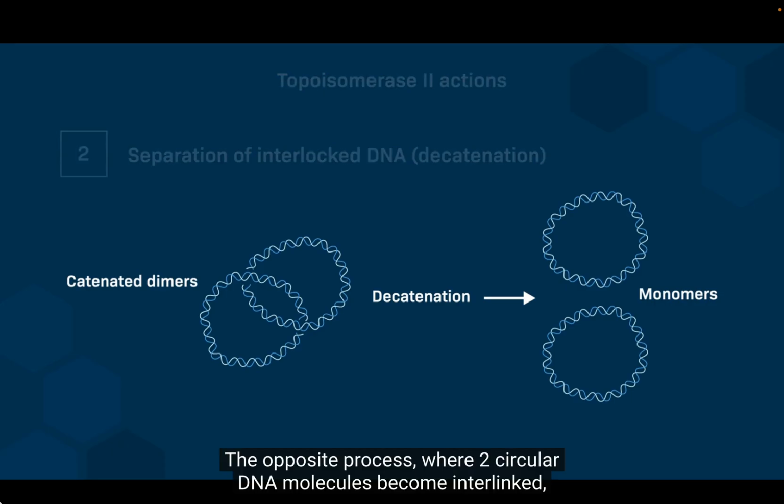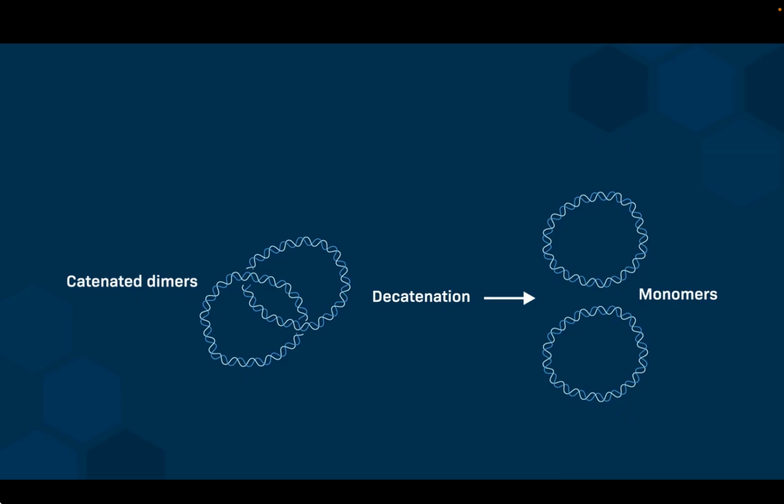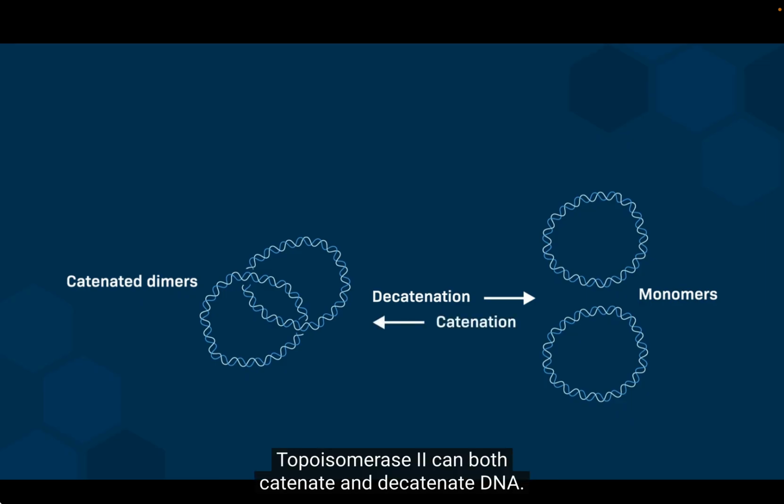The opposite process, where 2 circular DNA molecules become interlinked, is called catenation. Topoisomerase II can both catenate and decatenate DNA.